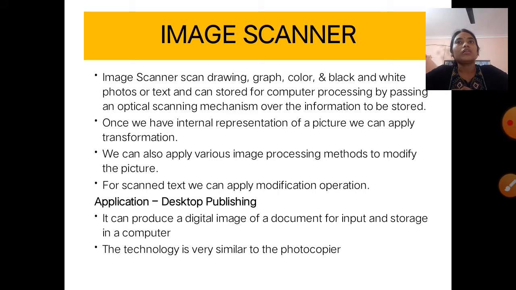After storing in computer, processing by passing an optical scanning mechanism over the information to be stored. Once we have internal presentation of a picture, we can apply transformation. We can also apply various image processing methods to modify that picture. For scanned text, we can apply modification operations only.